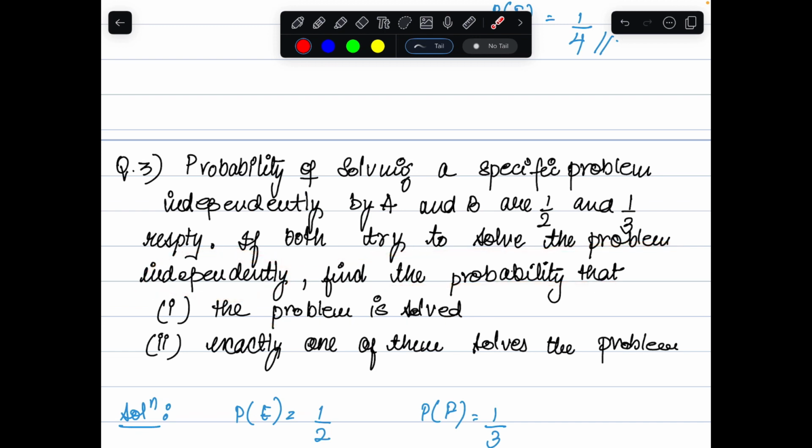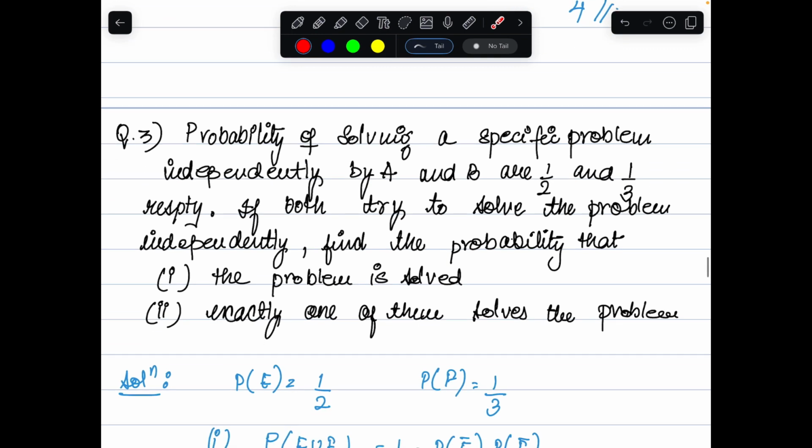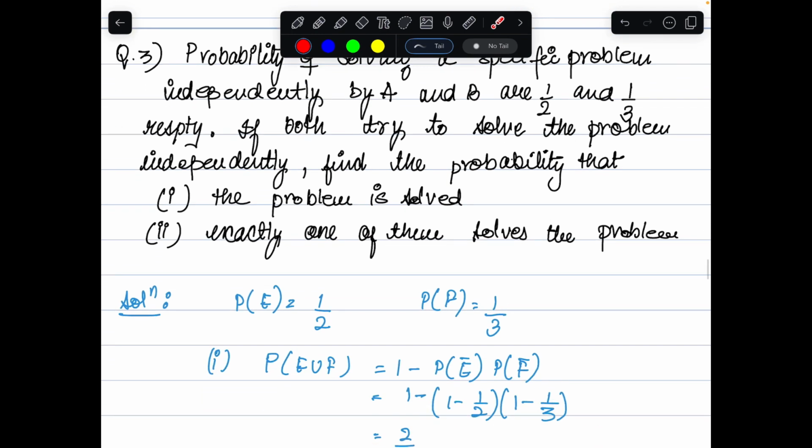Now when a problem is solved, let's say 2 people are there, I want the problem to be getting solved. So if any one of them solves, it is solved, or both of them solve, it's solved. I need minimum one, right? At least one of them should solve. So that's why it is going to be union. At least one of them, E or F.